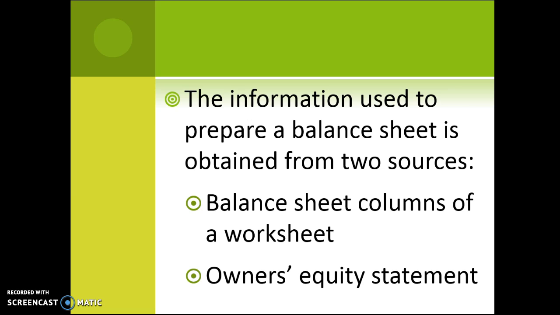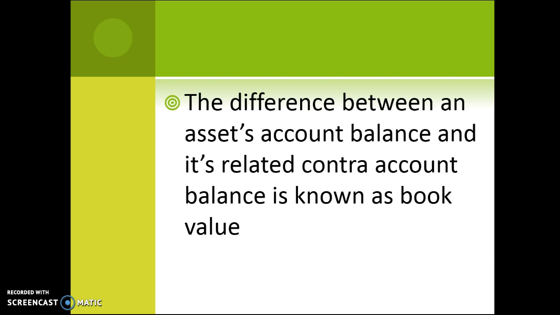Then we will have three main sections of our balance sheet: liabilities, owner's equity, or capital stock, and assets. First, looking at our assets. The difference between an asset's account balance and its related contra account balance is known as book value.